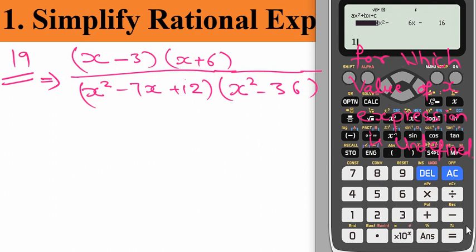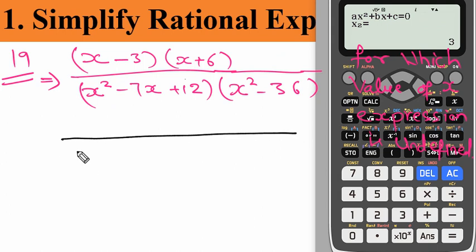So a is 1, b is -7, c is plus 12, equal x1 is 4, x2 is 3. These are your solutions. So x1 was plus 4, so that will give you -4 as factor, and that is -3.